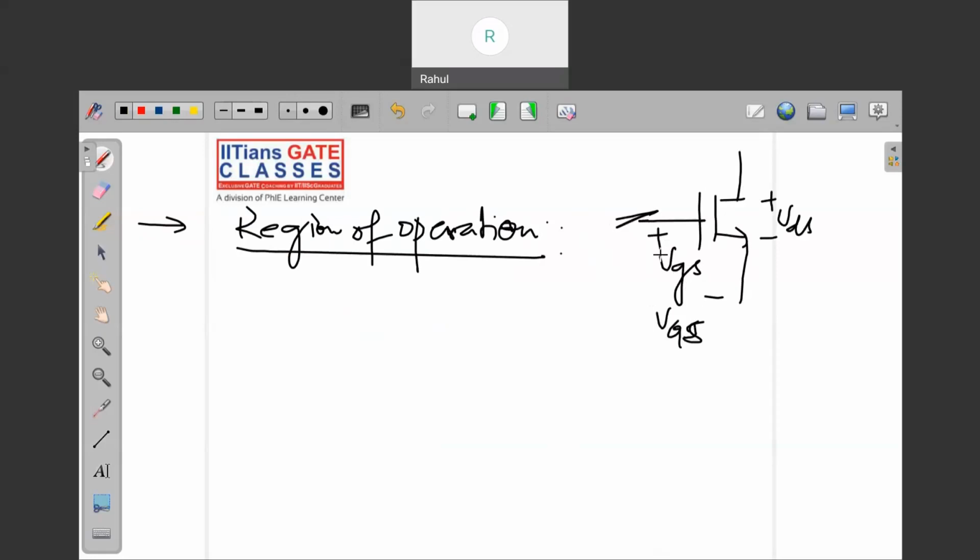When will the MOSFET be on? One important parameter is the threshold voltage.